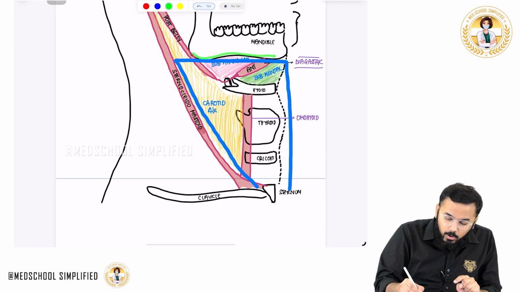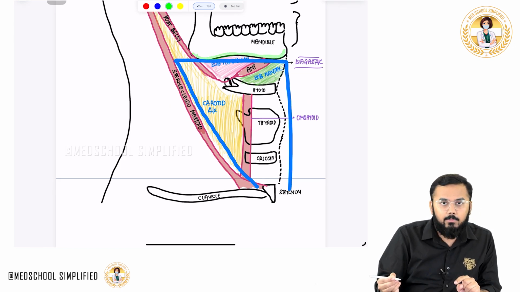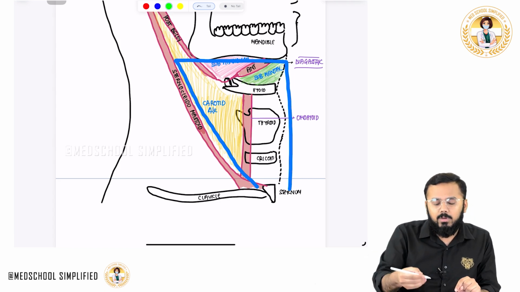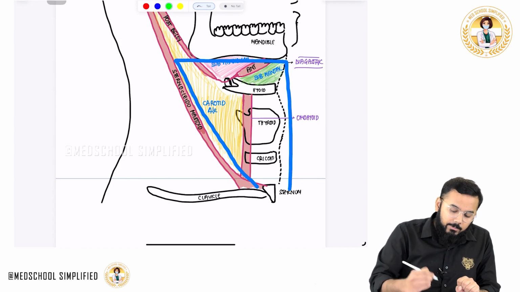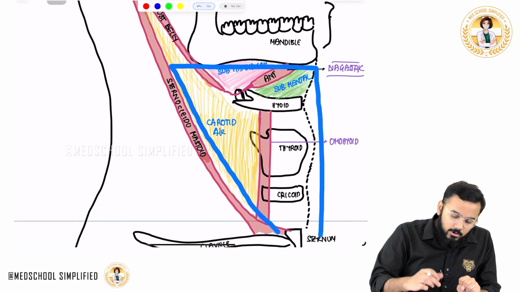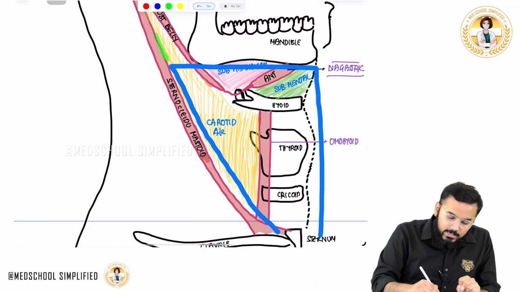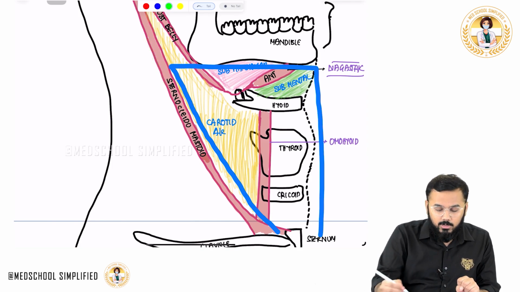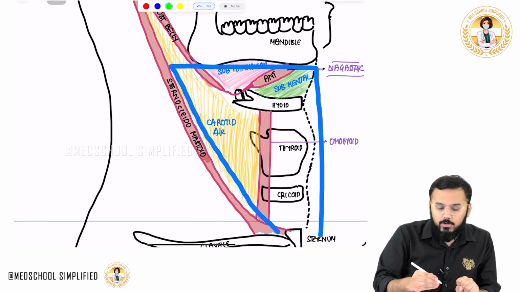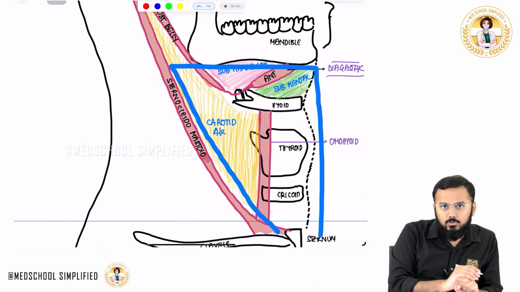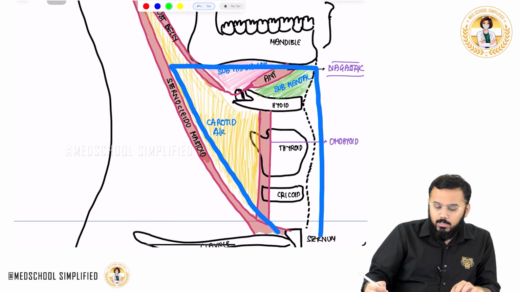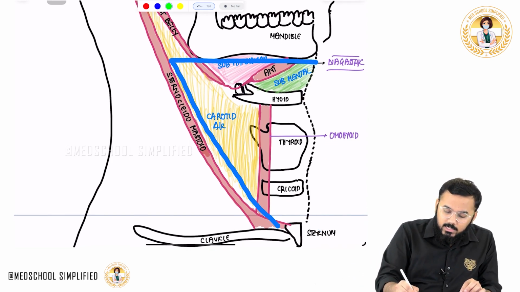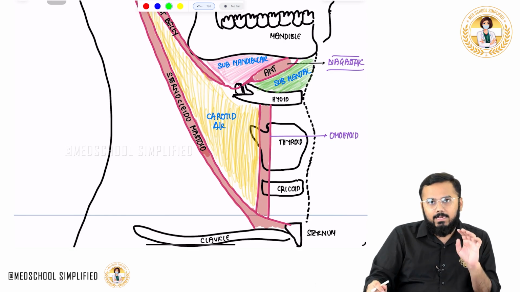The inferior surface of the mandible is covering the superior, so it becomes the superior border of your anterior triangle. Next, coming to the sternocleidomastoid, you have the anterior border and the posterior border of the sternocleidomastoid. Now this blue line I have drawn is along the anterior border of the sternocleidomastoid. Third is the midline of your neck. So these three things together form the anterior triangle.